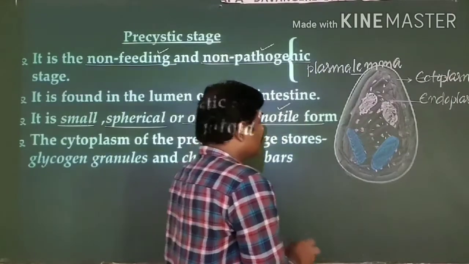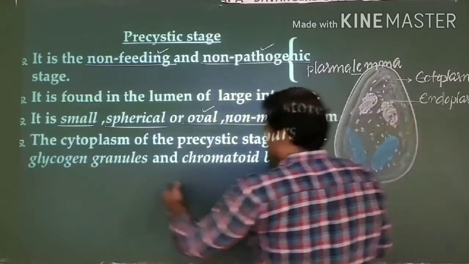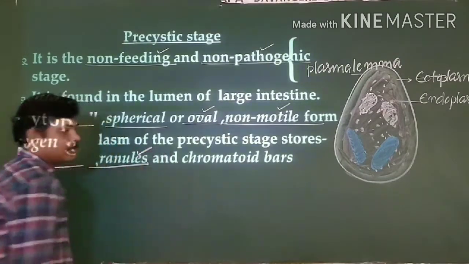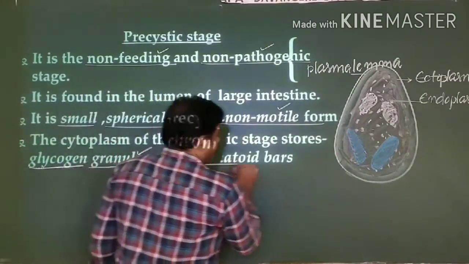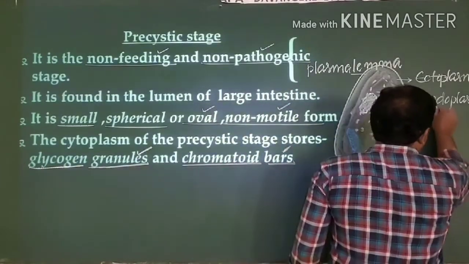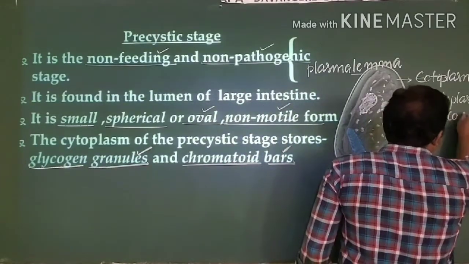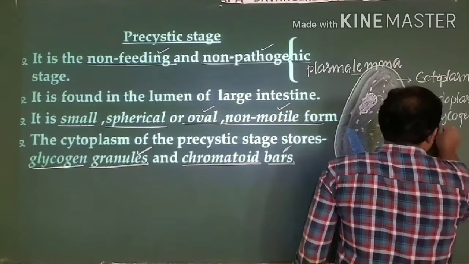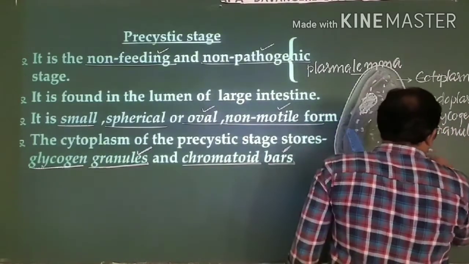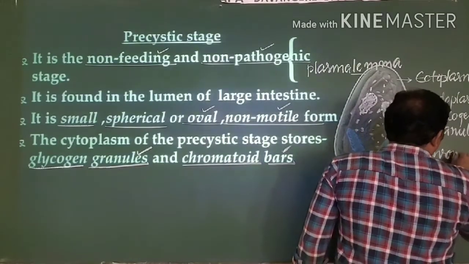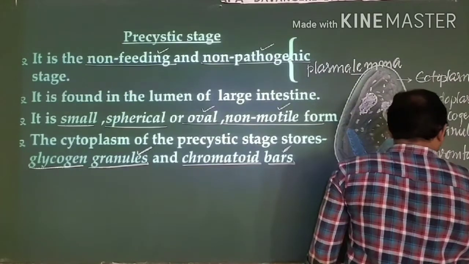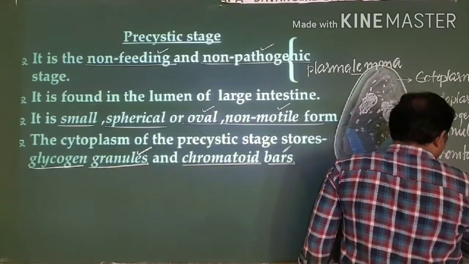See, this is actually mentioned. Glycogen granules are present. Chromatoid bars are also present. This is a glycogen granule, whereas this one is the chromatoid bars.